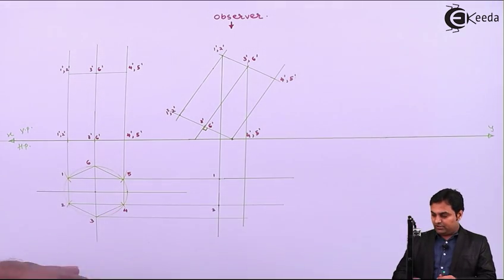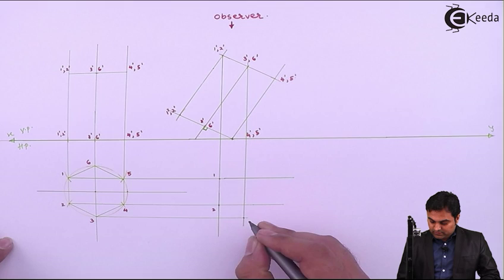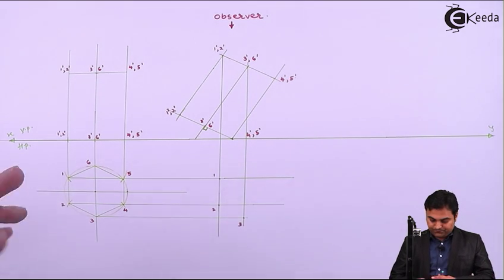So 3 and 3 dash where they intersect, that will give us point 3.